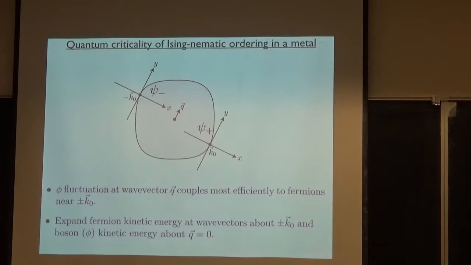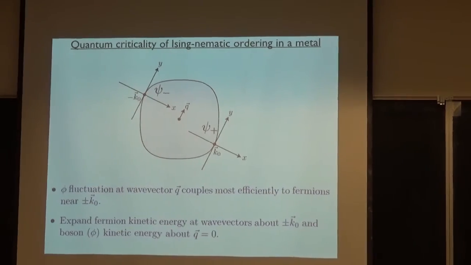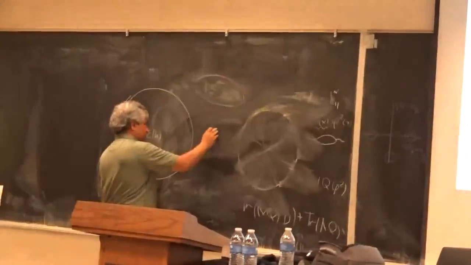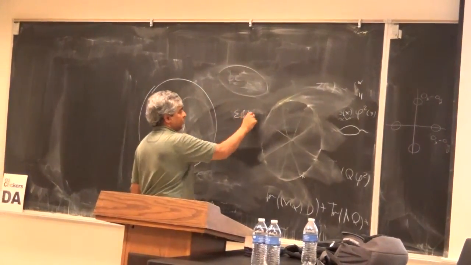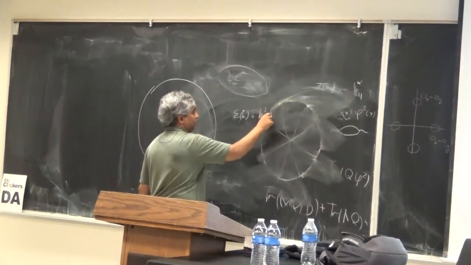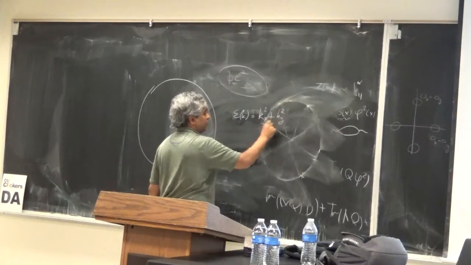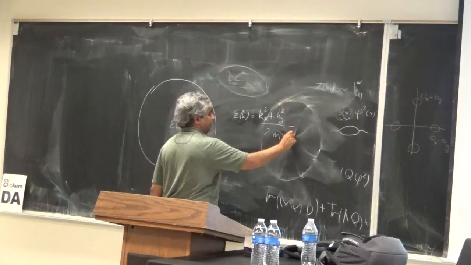Okay, so what does that look like? So my energy, here's my Fermi surface. So E of k, that's the dispersion, some function E of k. So let's just take E of k is kx squared plus ky squared over 2m minus mu.